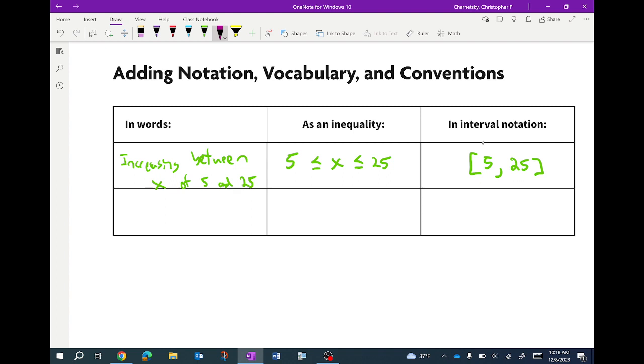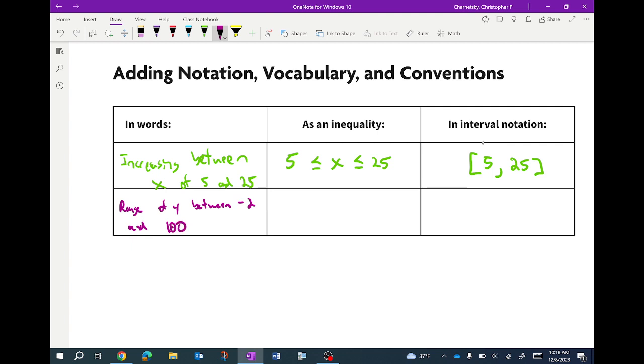So another example would be our range. So range between -2 and 100.